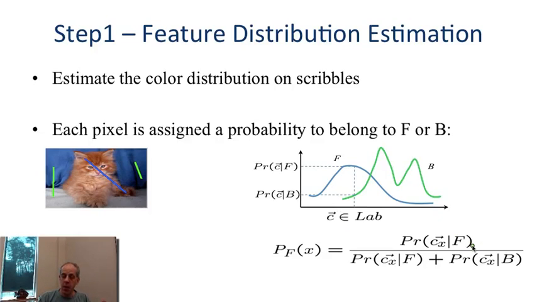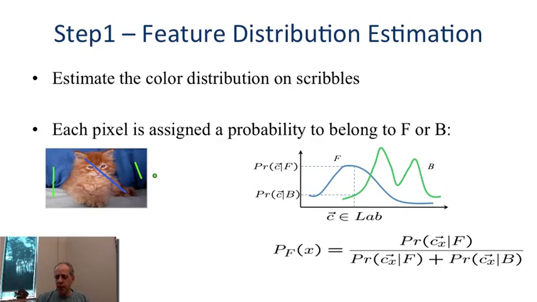Once again, this is just a particular illustration. The basic idea is that we use the distribution of the foreground and the distribution of the background to tell the computer: pixels that are similar to the colors that the user has marked as foreground, you should try to call them foreground. Pixels that are similar to the color of what the user has marked as background, you should try to call them background.